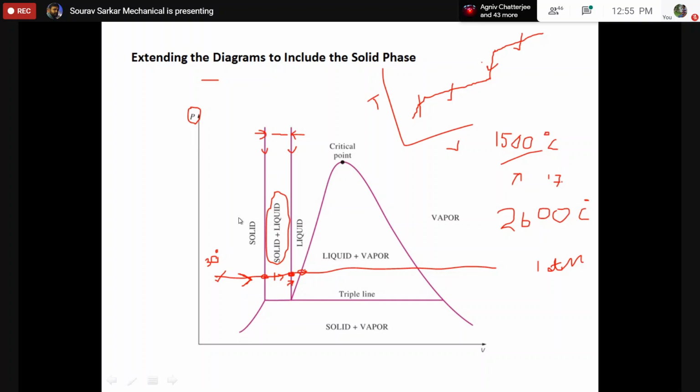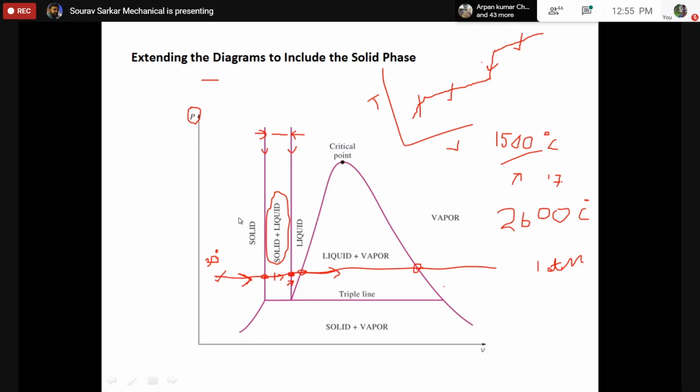After that, the boiling will start, and the temperature will remain constant, because we know that during the boiling process the temperature stays constant. After reaching this part, the liquid metal, or the liquid iron, is completely converted into vapor.